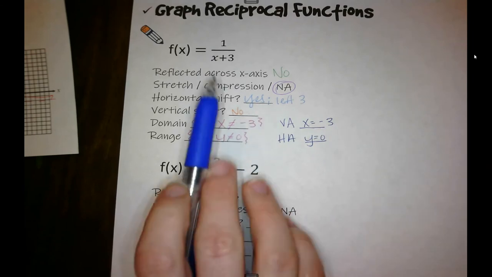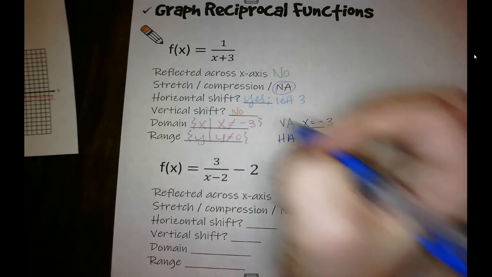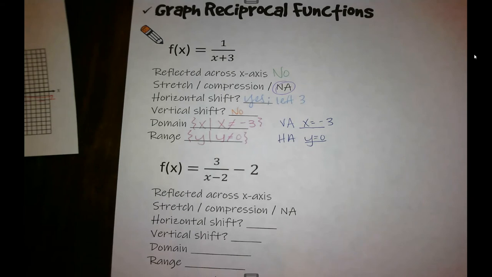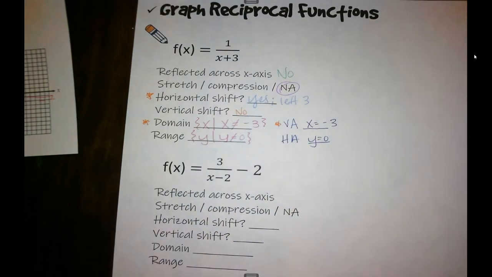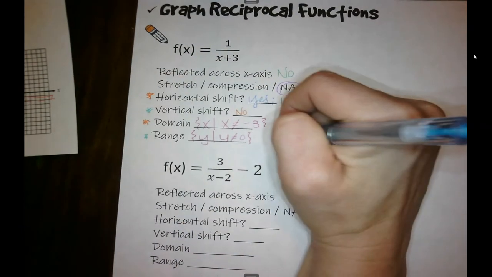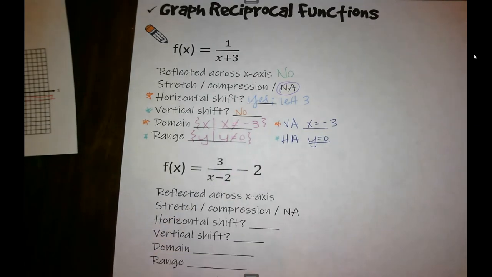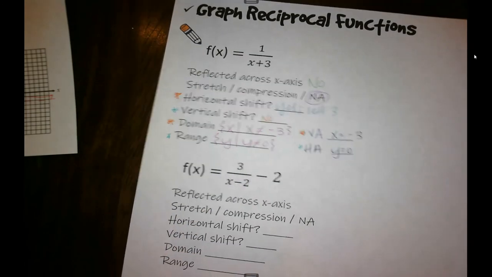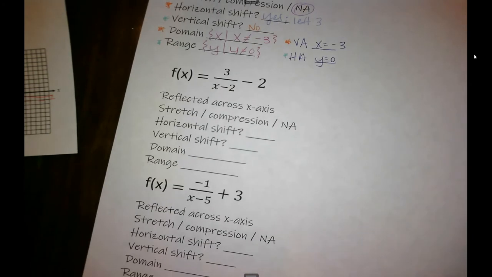And then if we've got a shift up or down, that's how it relates to the range. So this and this and this all correlate. You see how we didn't shift up or down? That means that y equals 0. And that means our y does not equal 0 for our range, and the horizontal asymptote is y equals 0.